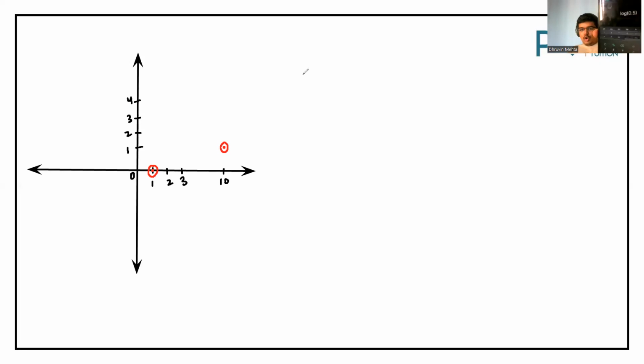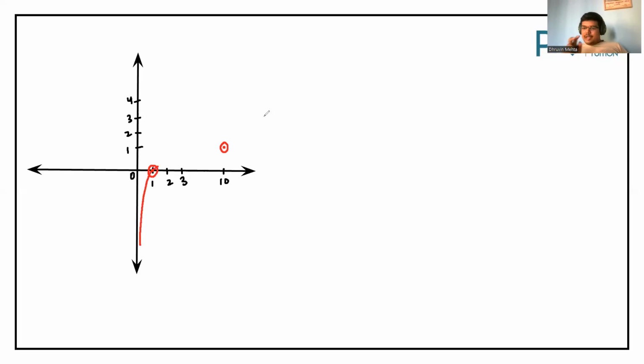Can you see, log of 0.5 is a negative answer, minus 0.3. You can check in your calculator as well. Log of 0 point something is always going to be a negative number. So its graph will go like this.